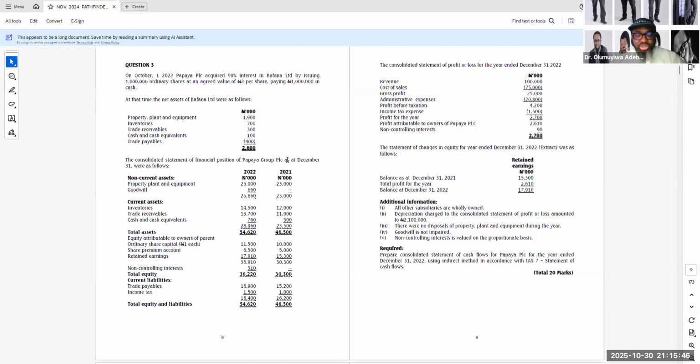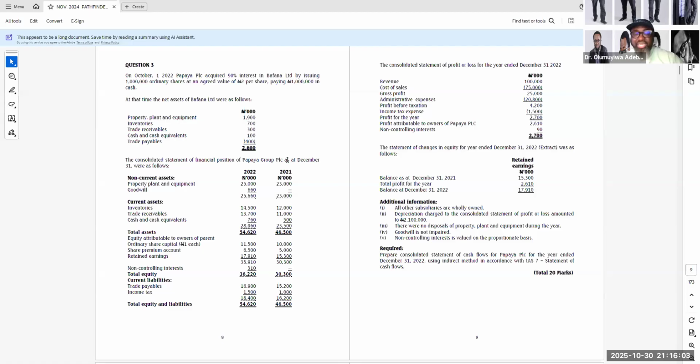We also looked at adjustments and the impact on cash flow for investment in associates and joint ventures accounted for in line with IAS 28.